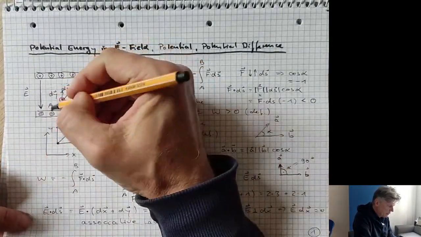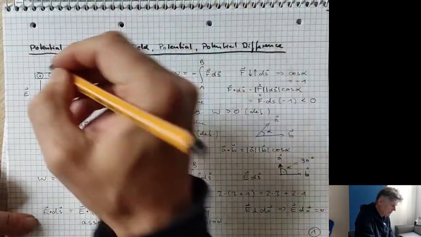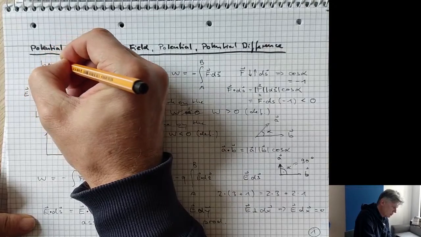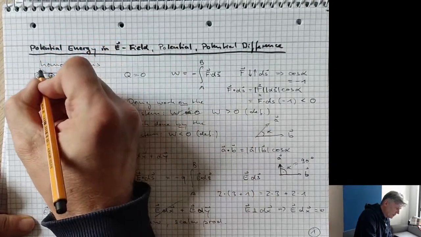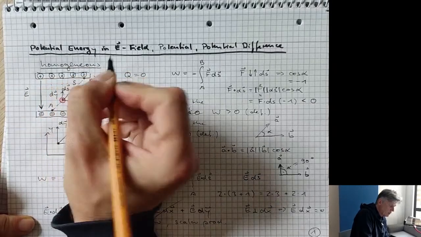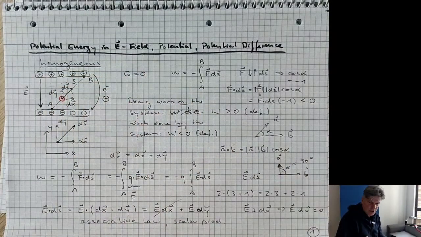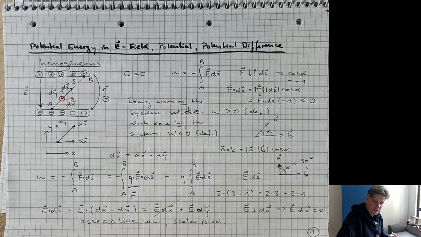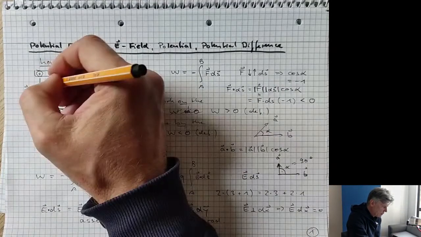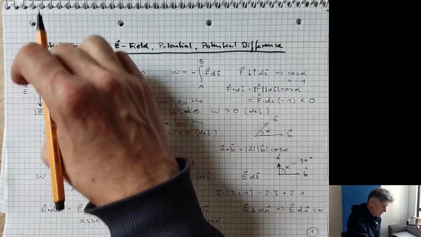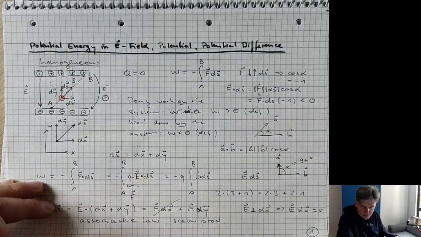But our assumption is that the electric field is constant, it's homogeneous. Homogeneous means same direction, same field strength in all points in the area of investigation.